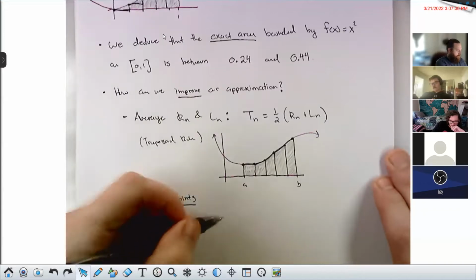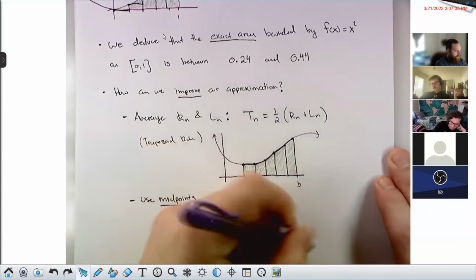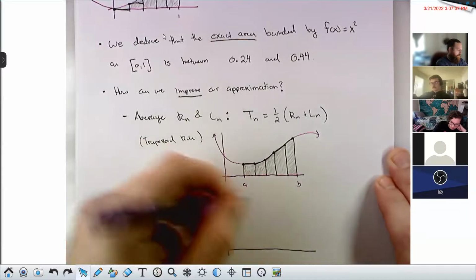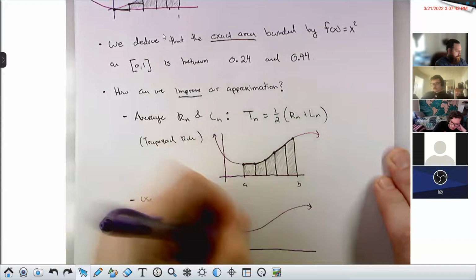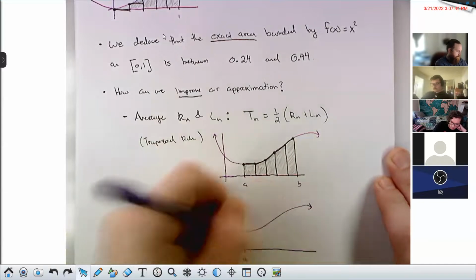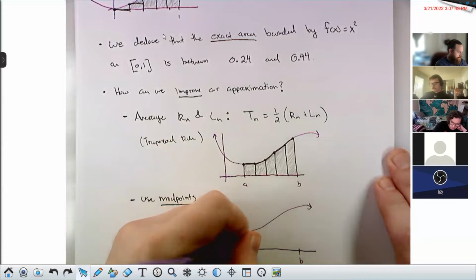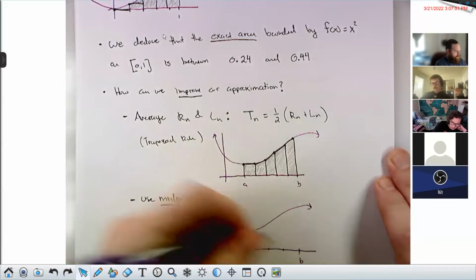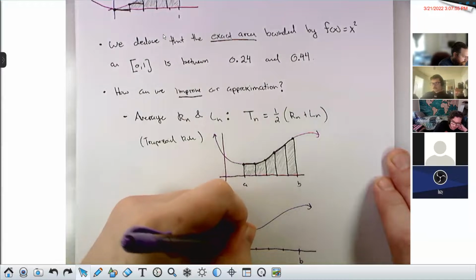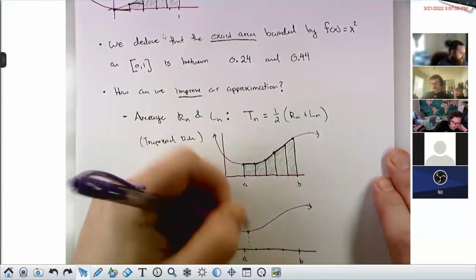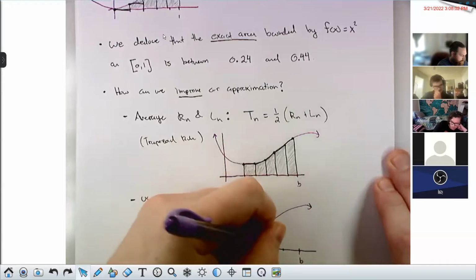So using the midpoint, how much this helps depends on the sort of function you're dealing with. For a monotone function like x squared that we were doing a second ago, it does a lot of good.